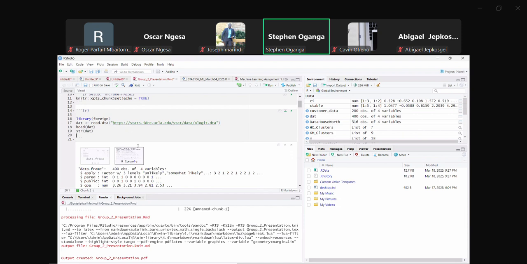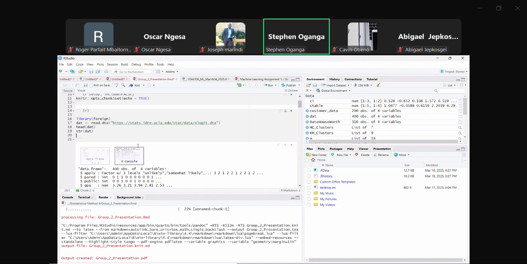For this data, we were trying to find out how to determine if a student will apply to graduate school.